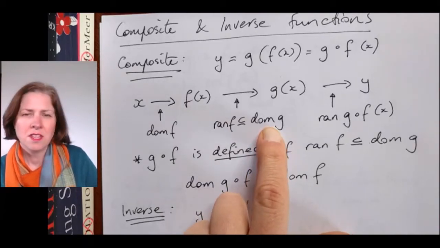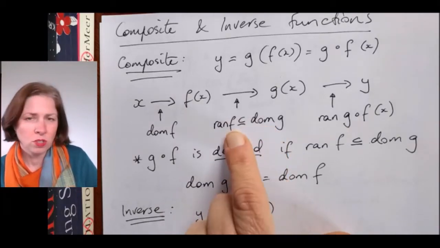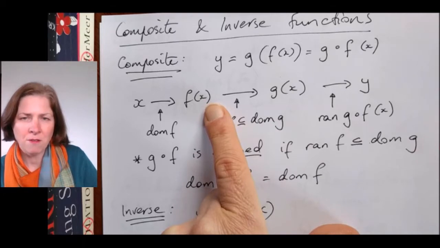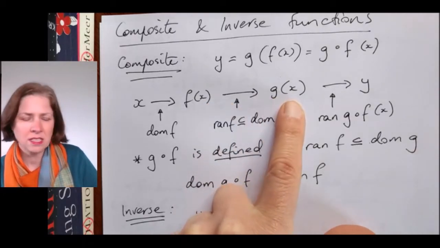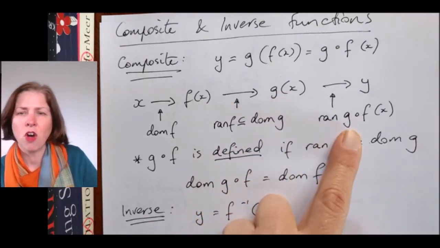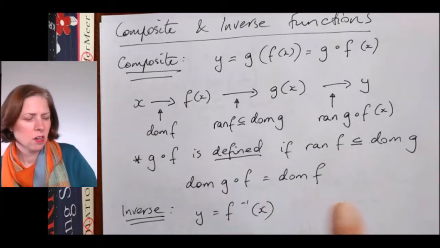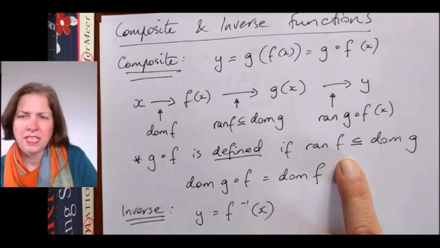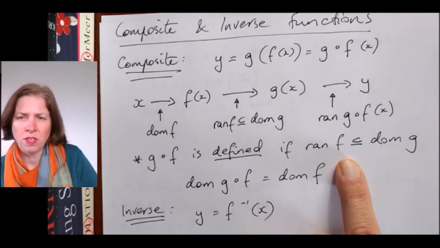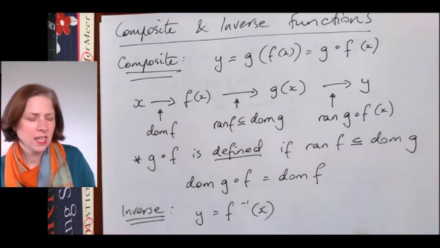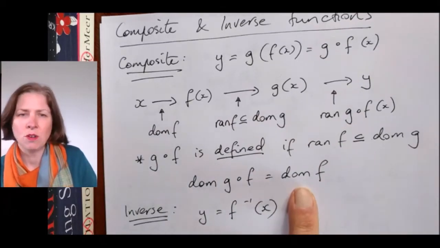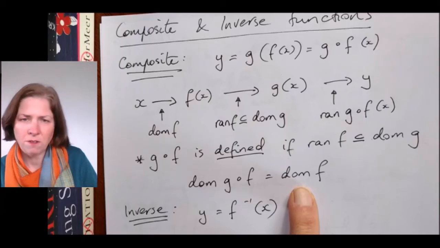Then the values that come out of f of x go into g of x, and what comes out is the range of the whole function g of f of x. So let's remember that g of f is defined only if the range of f is a subset or equal to the domain of g. And the domain of the whole thing is equal to the domain of f, the inside function.